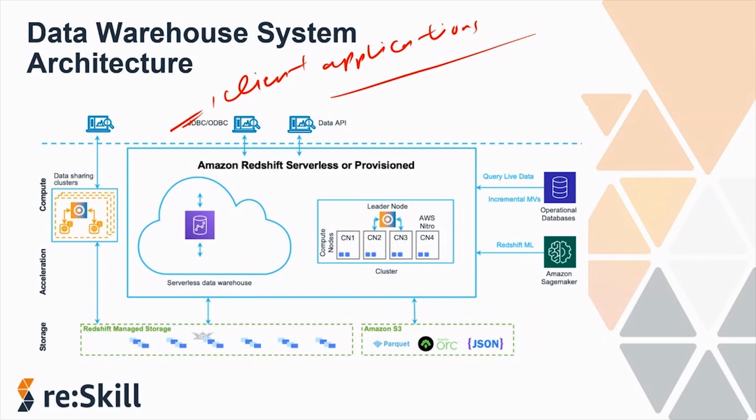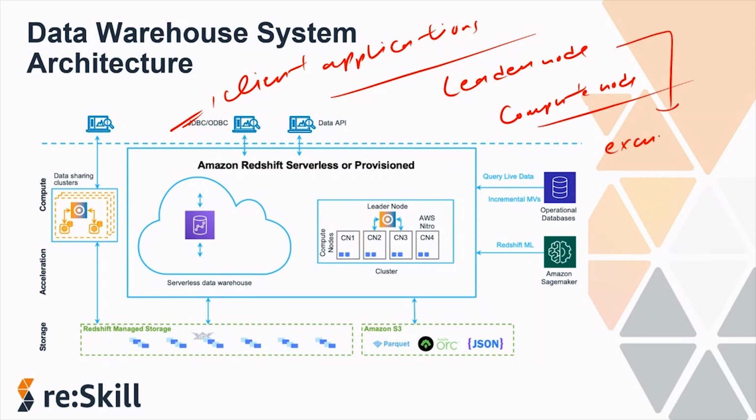As part of a cluster, there is a concept of leader node and compute node. The leader node is where the execution plan will be, and based on the execution plan, the data will be distributed to the compute nodes for the processing part.